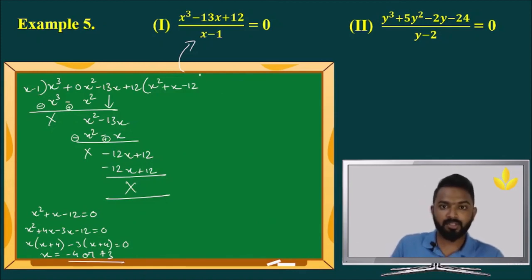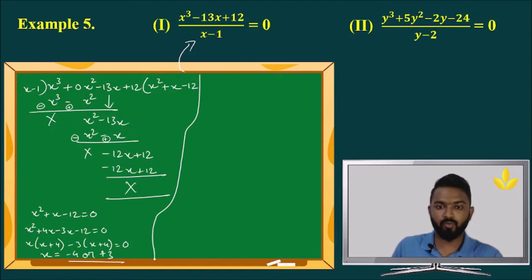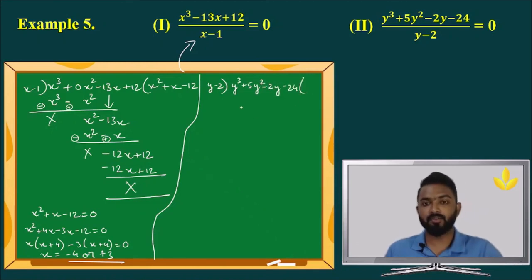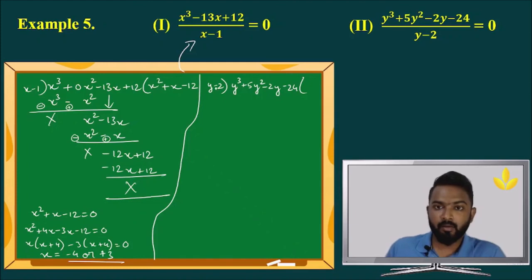Now let's do the same thing with y. Y minus 2 is the divisor. The dividend is y cube plus 5y square minus 2y minus 24. Let's do this. Y to y cube is y square.